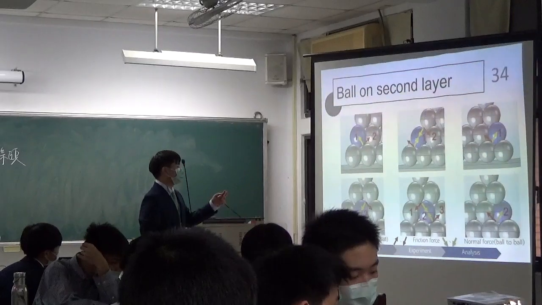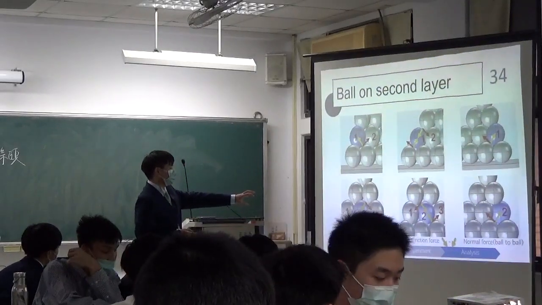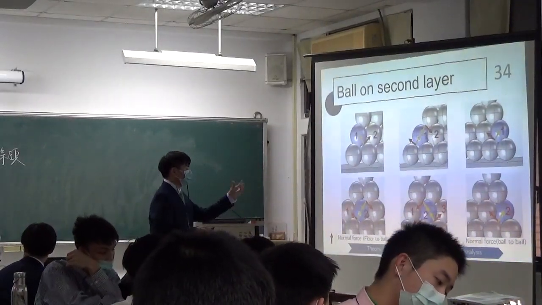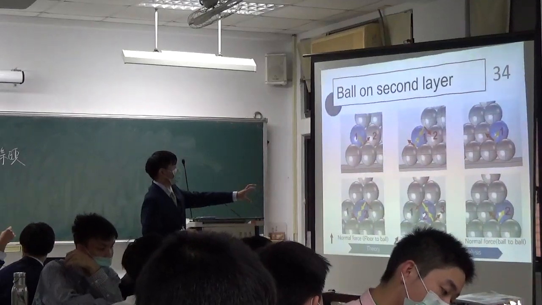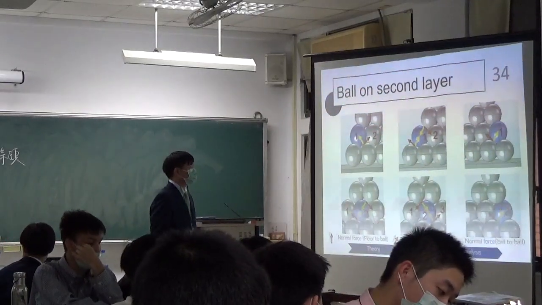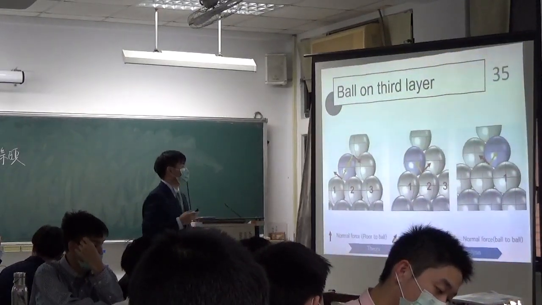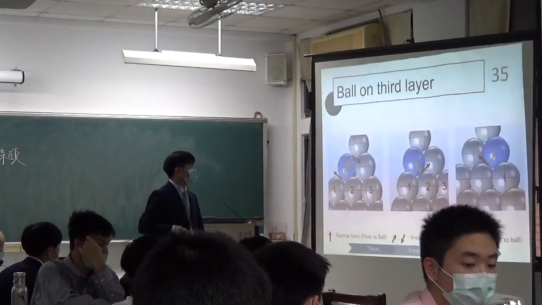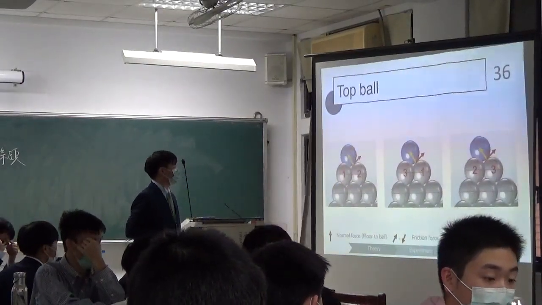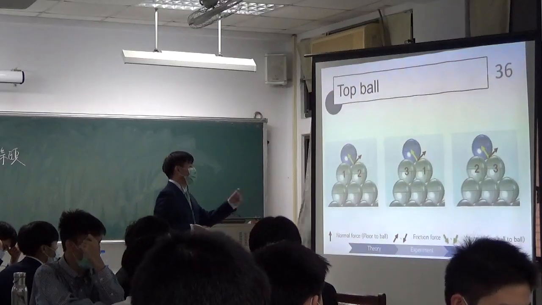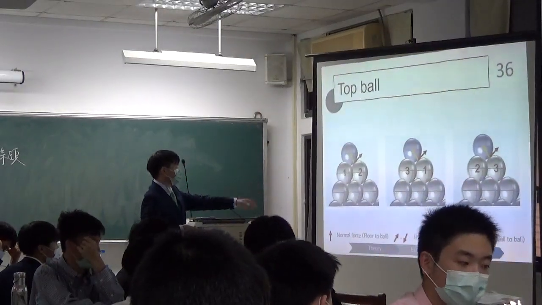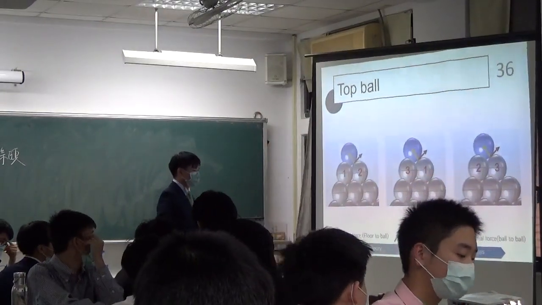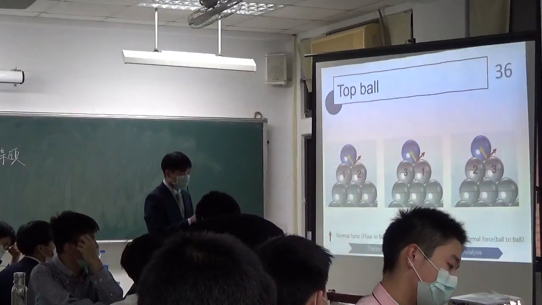Also the direction will be different because I discussed the second layer. And the next is the third layer. And the next is the top ball. Also my size is different, so I use numbers to display my size.